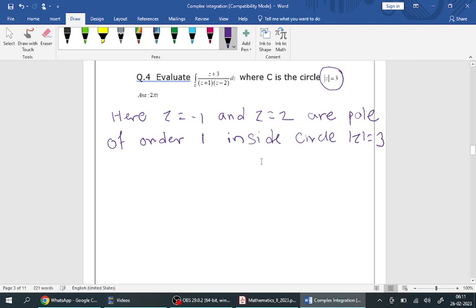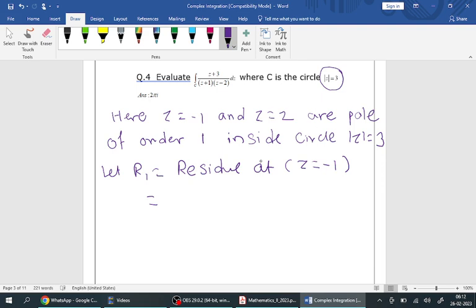Getting the residues for a simple pole is very easy, because they have order 1, so no derivative is required. Let R1 be the residue at z equal to -1. The residue is 1 upon (n minus 1) factorial.